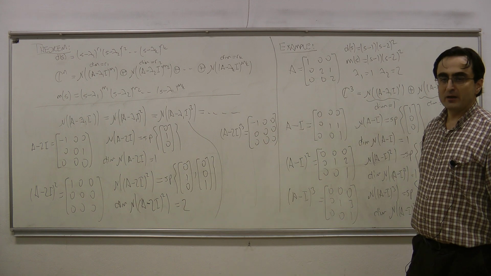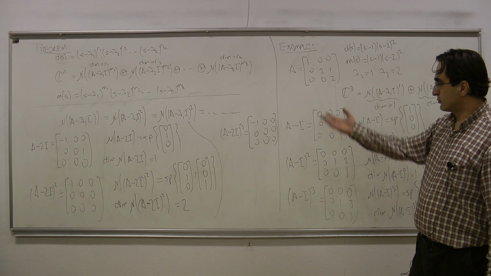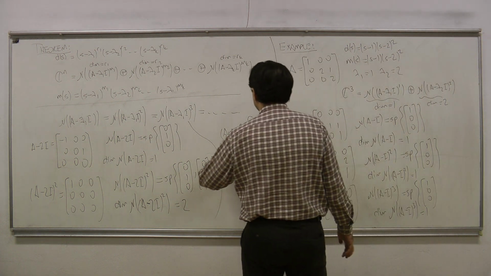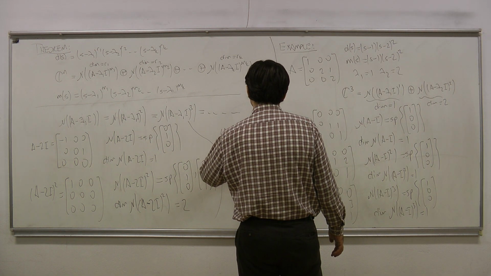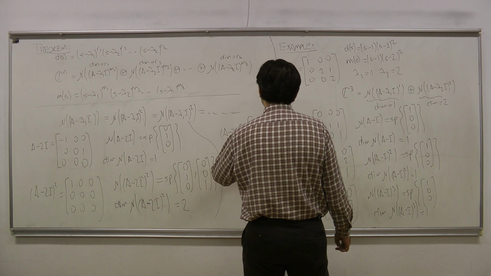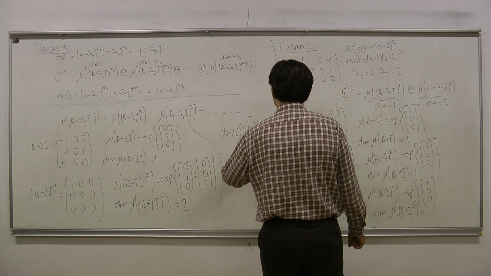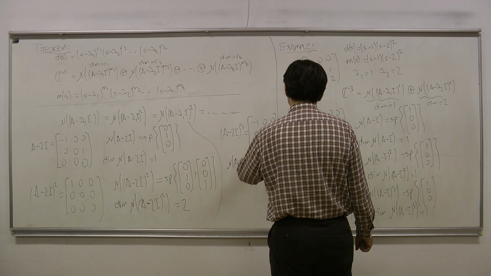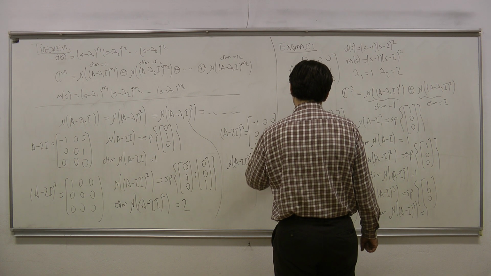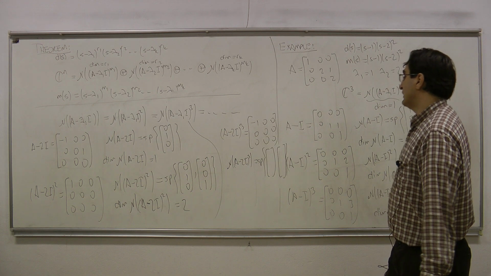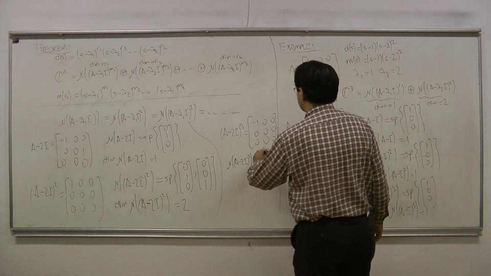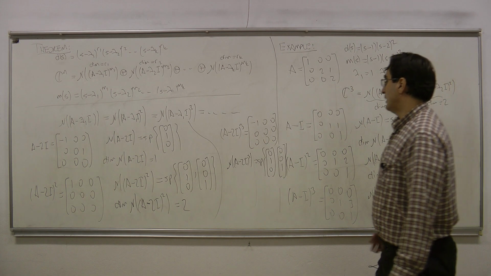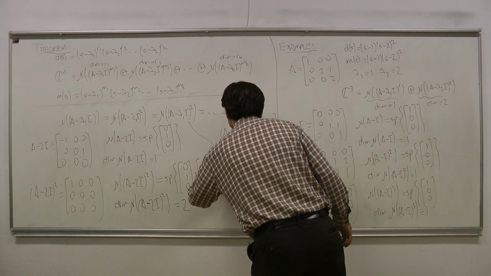Now, what about the dimension of the null space? It is going to be 2, and what is the null space? So in this case, null space of A minus 2 identity cube is going to be span of 2 non-zero vectors, all right? And these vectors would be again 0, 1, 0, 0, 0, 1. And what about the dimension?